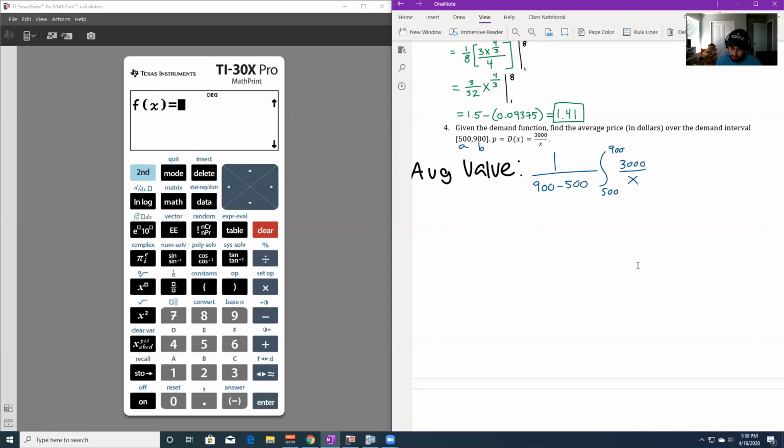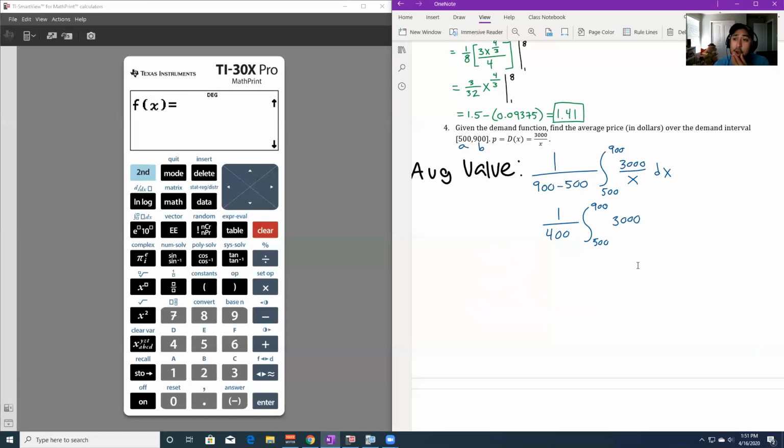Clean up, and you'll get 1 over 400 times the integral from 500 to 900 of 3,000 over x dx.